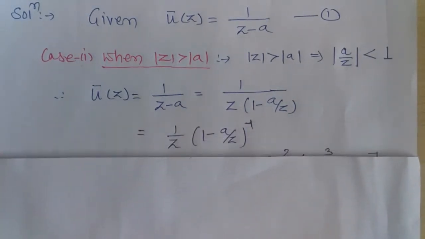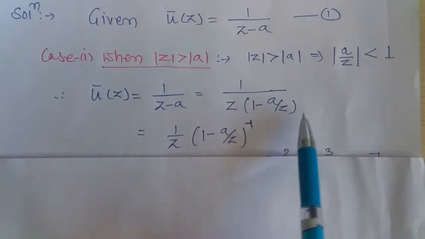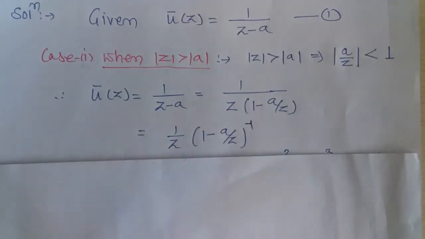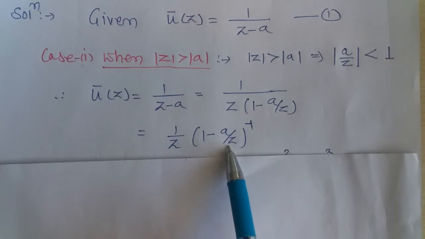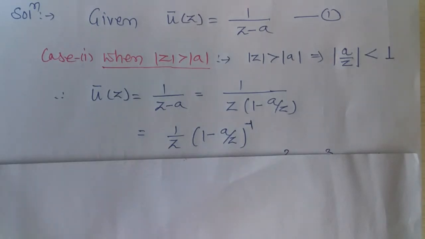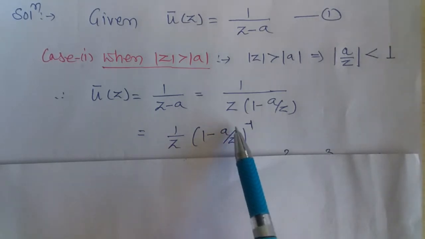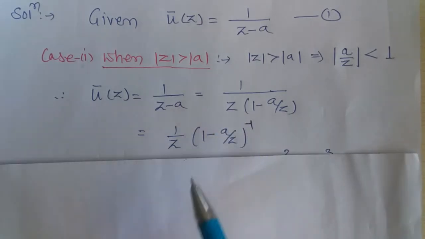Now we write 1 upon Z, and this 1 minus A by Z goes in the numerator, so we get 1 minus A by Z whole inverse. Now we expand this expression using the binomial expansion theorem, which we already discussed in the previous videos. We expand this as 1 minus x whole power n. Here n is minus 1 and x is A by Z.